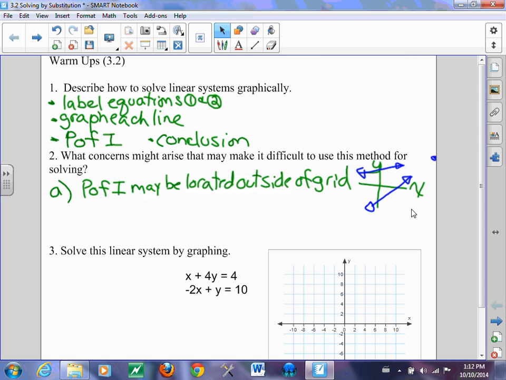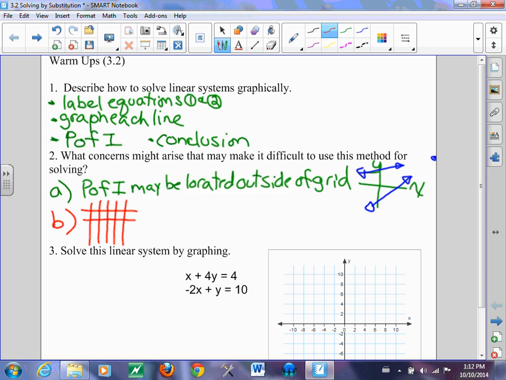Okay? The second problem with graphing is what happens if we have our grid set up like this. So there's an XY grid, okay? And say we drew our two lines, and one went like this, and the other one went like this. Notice, folks, the point of intersection. It's not on what we call a grid hair. These red ones are called grid hairs. So this point of intersection, which lies right here, may not be accurate because you're going to have to estimate that fraction, right?